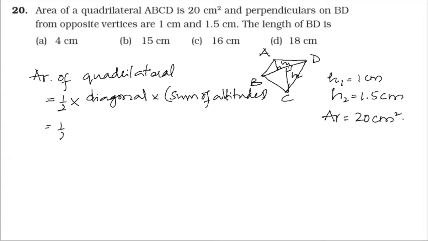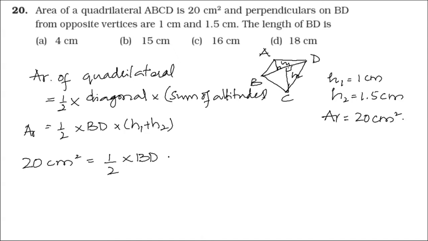Here it is half multiplied by BD, which is a common diagonal, multiplied by H1 plus H2. This will be equal to our area. Let's substitute: 20 centimeter square is the area, half multiplied by the length of BD to be found into the sum of the altitudes H1 plus H2.